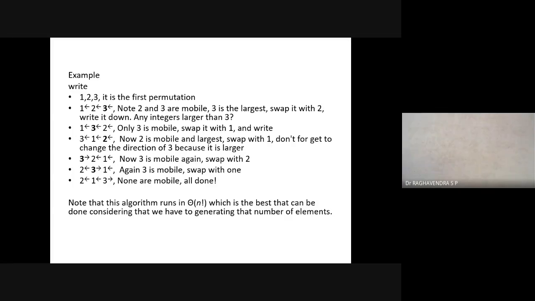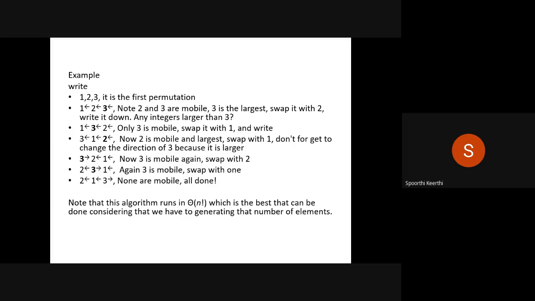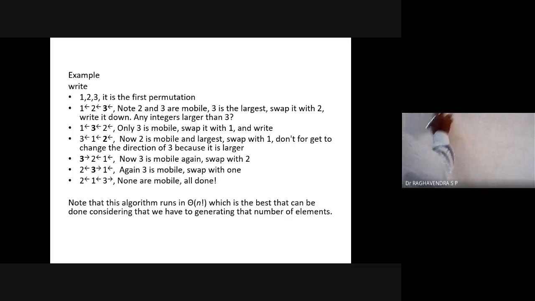So what are the different values we have? The first one is 1. So we have 1, 2, 3.